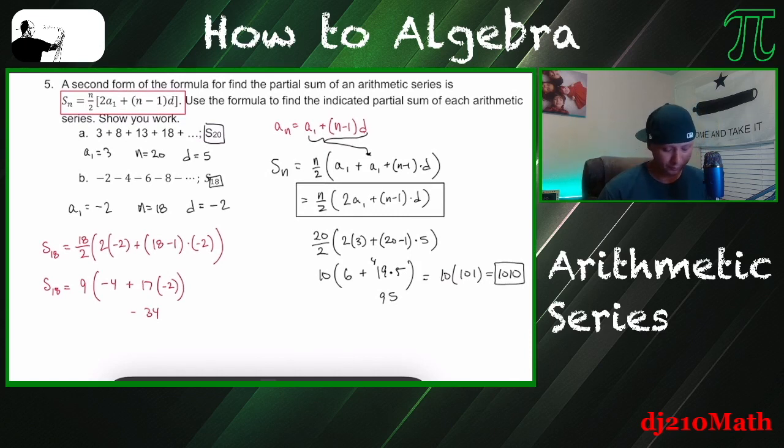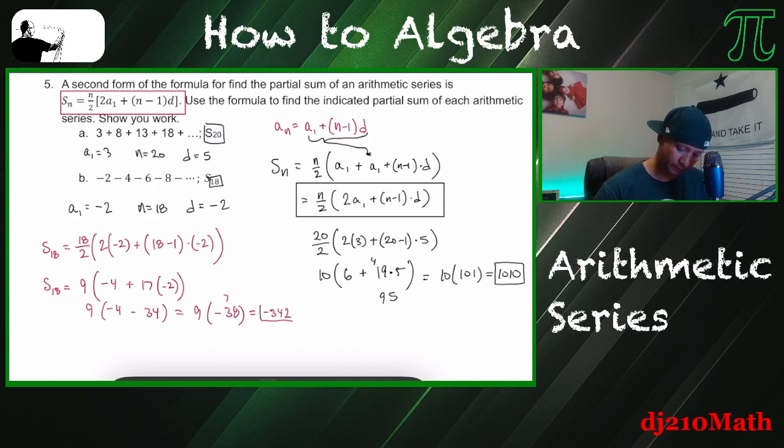17 times negative 2 is going to be negative 34. Is that true? 7 times 7, no, it should be a 9. Oh, no, we're not squaring it. I stand corrected. Negative 34. So this is going to be 9 times negative 38, which is 9 times 8 is 72, carry the 7. 9 times 3 is 27, plus 7, 34.